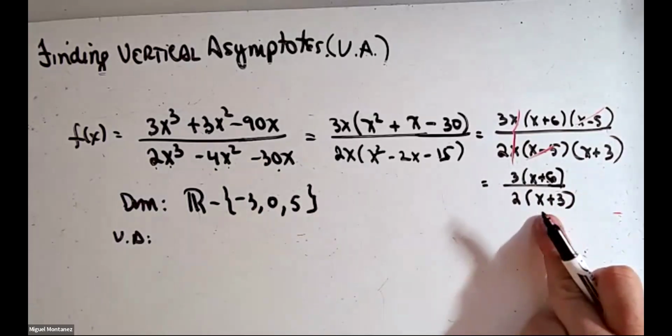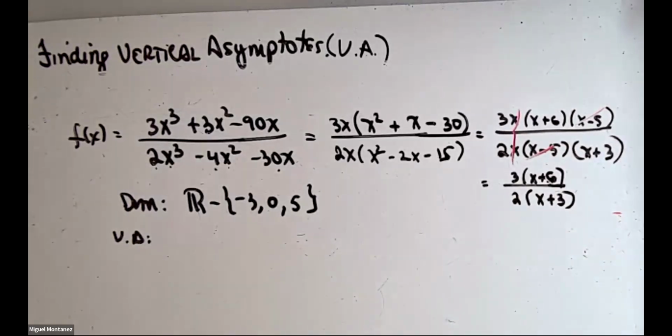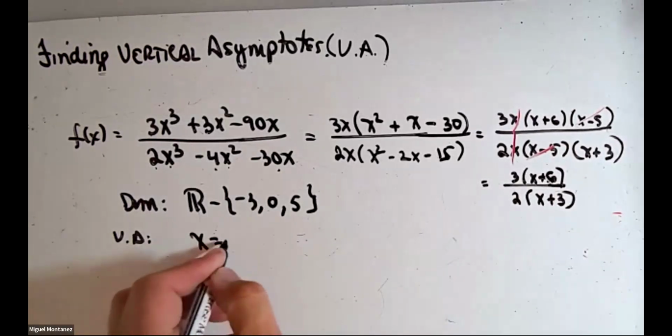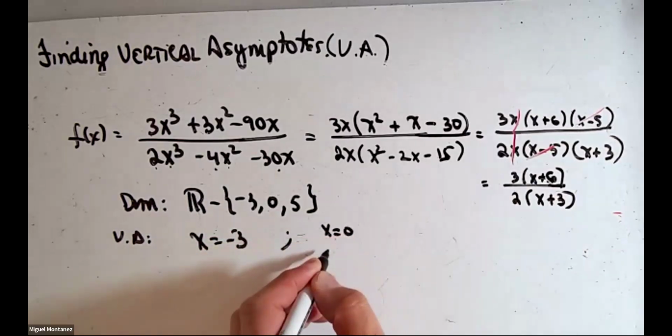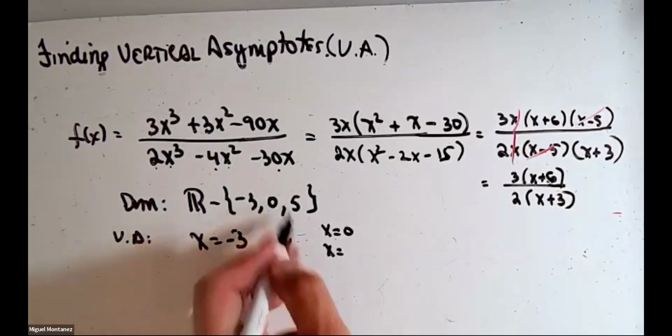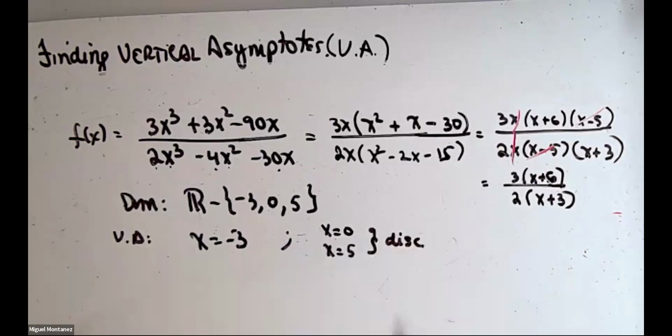So of course, we only have one vertical asymptote, which is x equals negative 3. At x equals 0 and at x equals 5, we'll experience a discontinuity.